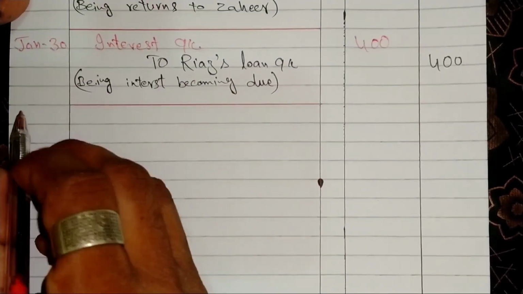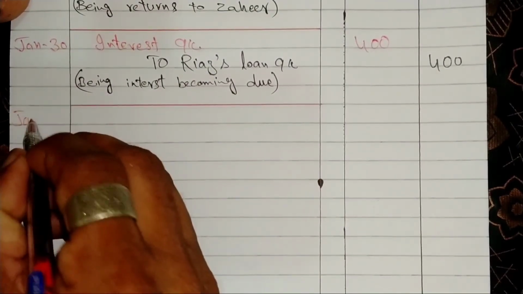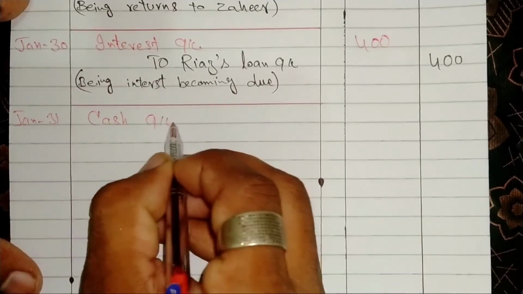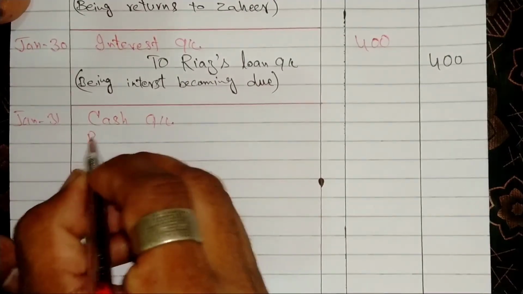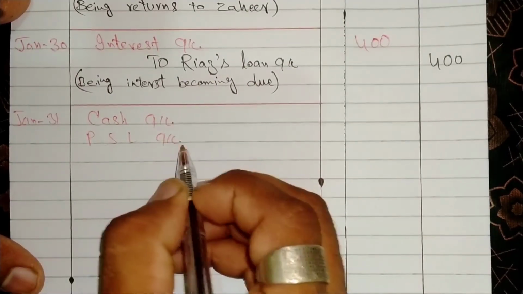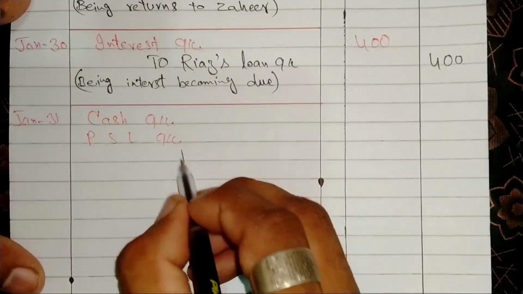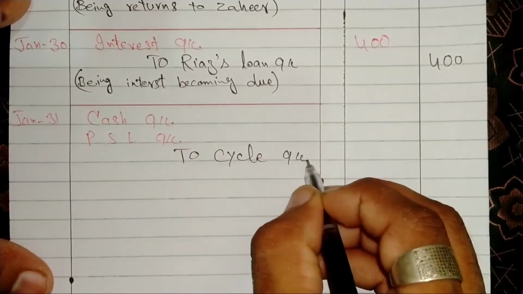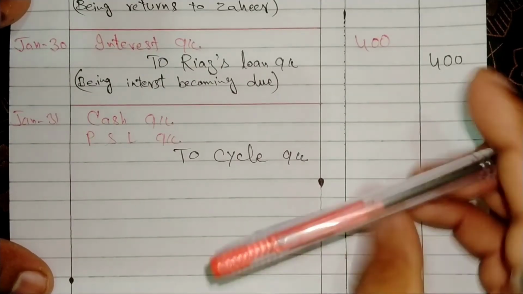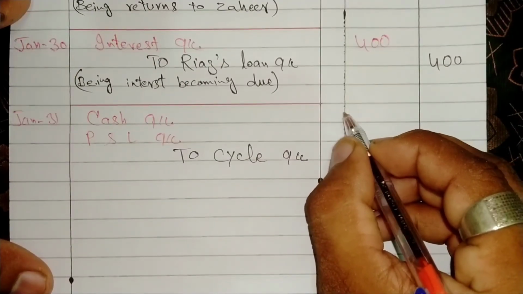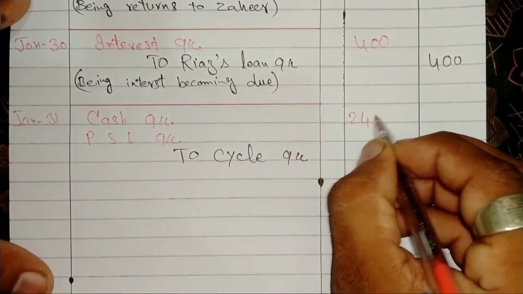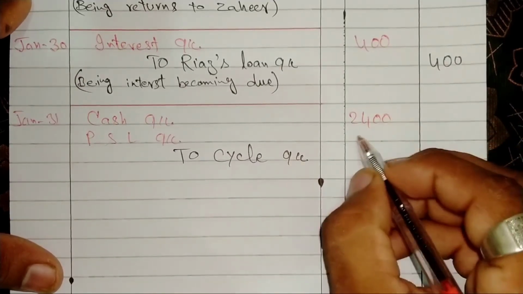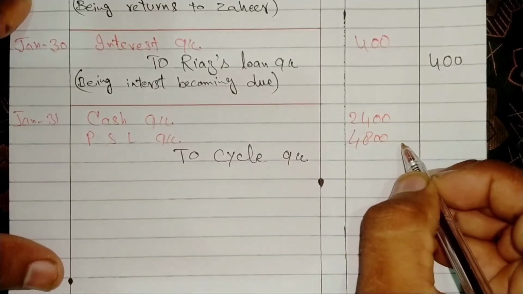It will be a compound entry dated Jan 31st. Cash account will be debit and profit and loss account will be debit against cycle account. Cash received now with selling of damaged cycle $2,400 and loss borne by the business amounted $4,800.